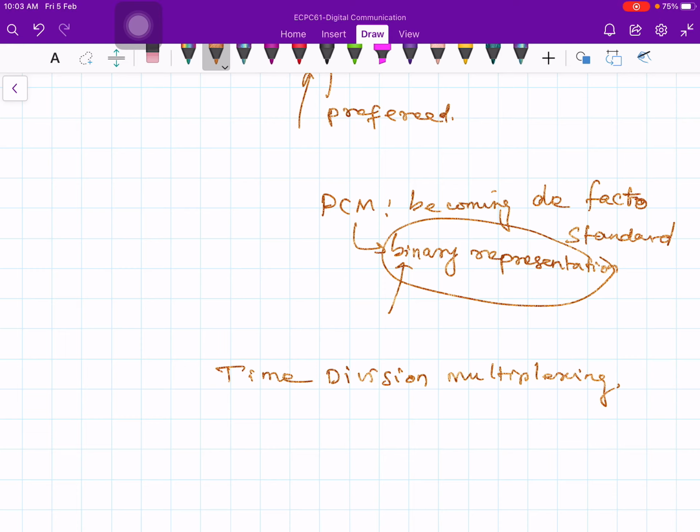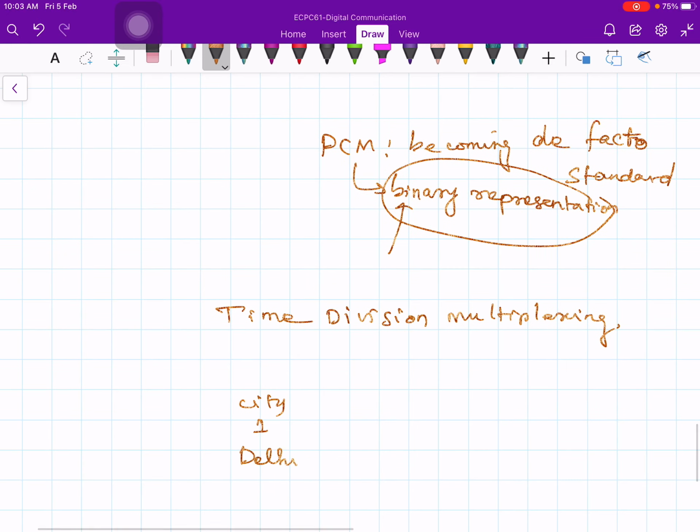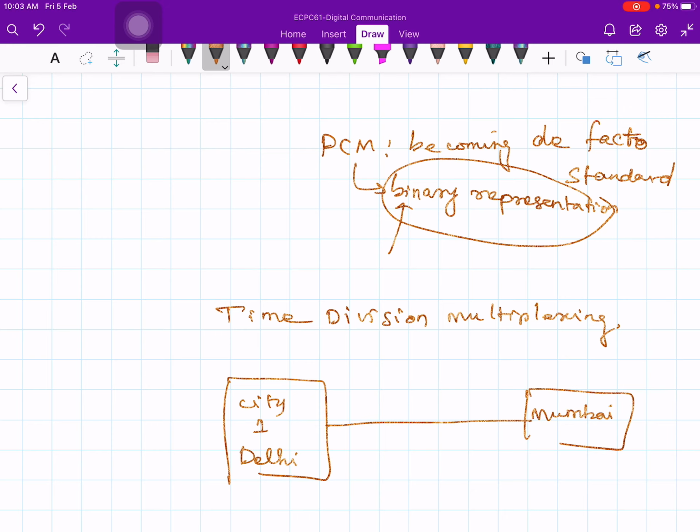Suppose you are in a city, let's say Delhi, and another city, let's say Mumbai. In between Delhi and Mumbai, there are thousands of voice calls. I cannot put a separate pair for each voice call.